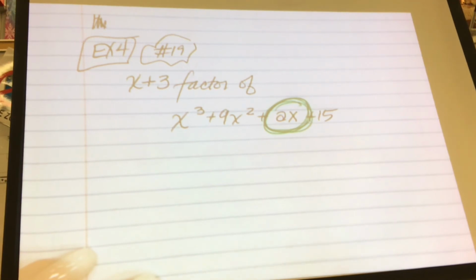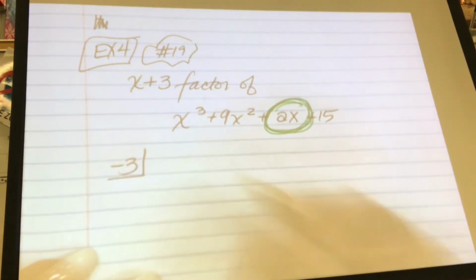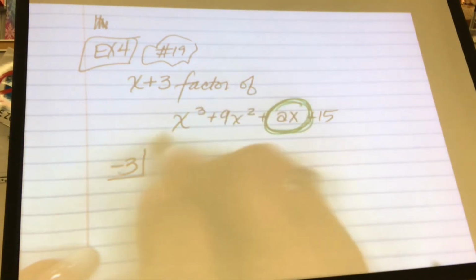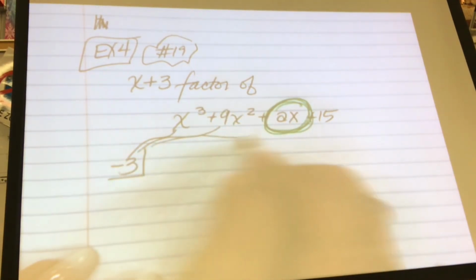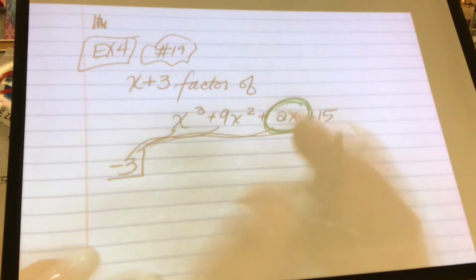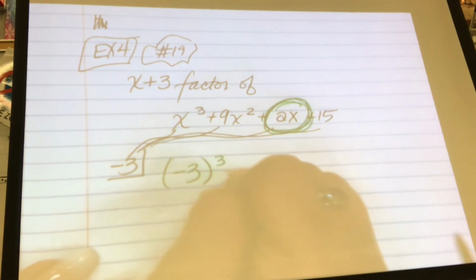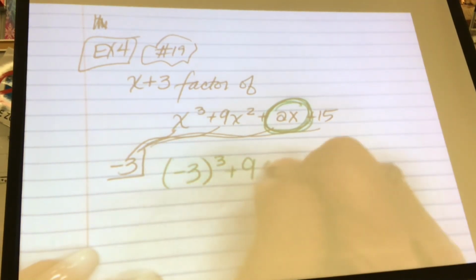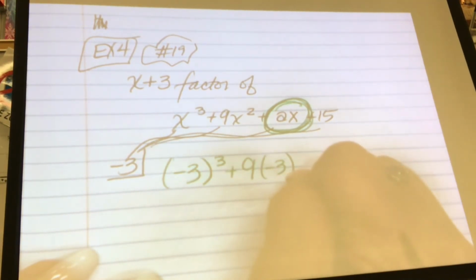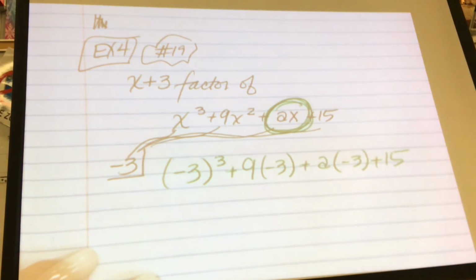What I'm going to do is take this guy that I had upstairs, and instead of doing synthetic division, I'm going to plug him in to the x. So I'm going to get negative 3 cubed plus 9 times negative 3 squared plus a times negative 3 plus 15.